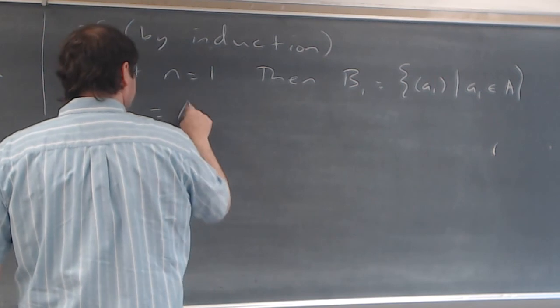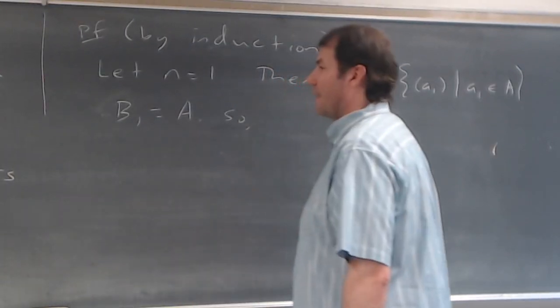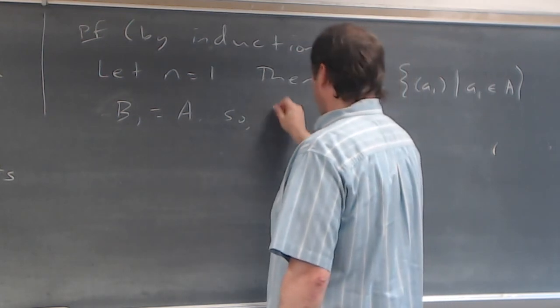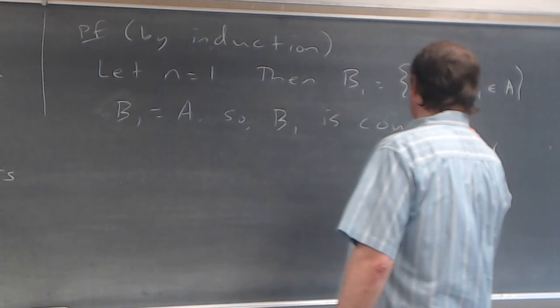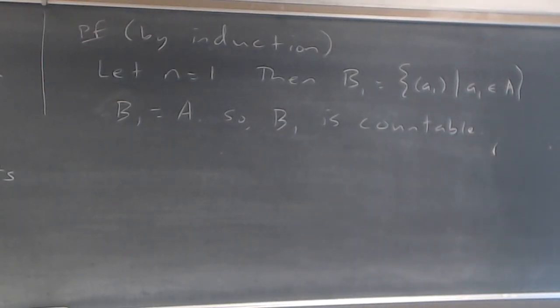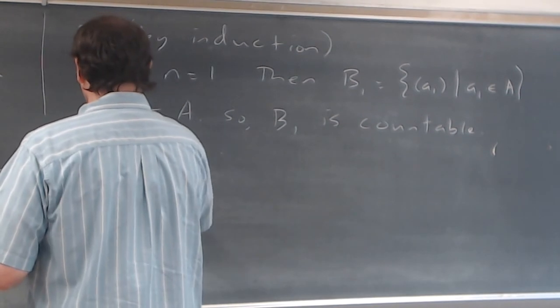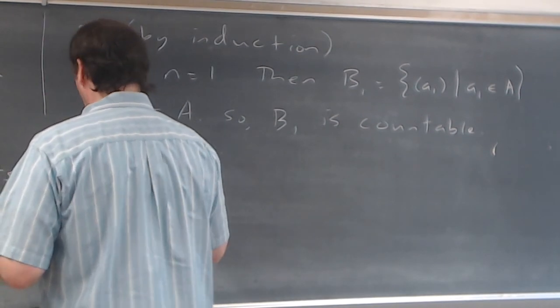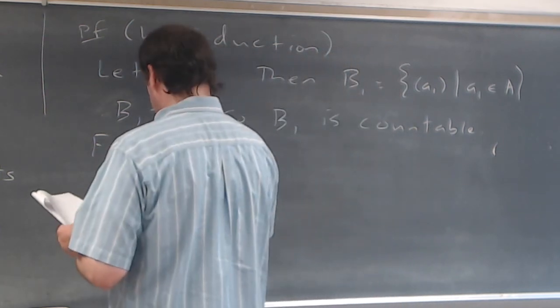B1 is equal to A. What that means is, since A is countable, B1 is countable. So the statement is true when n is equal to 1. Well, we'll look at n equal to 2, because it'll be critical for going from the n equal to k to n equal to k plus 1 situation.